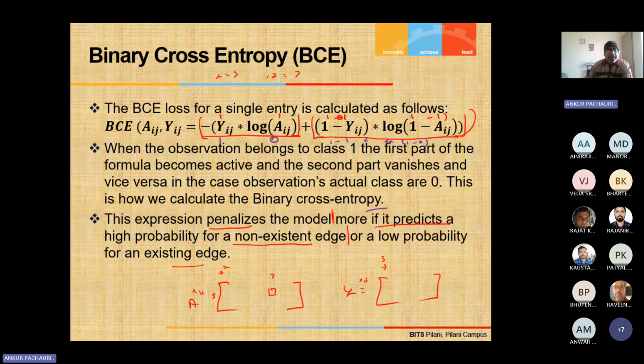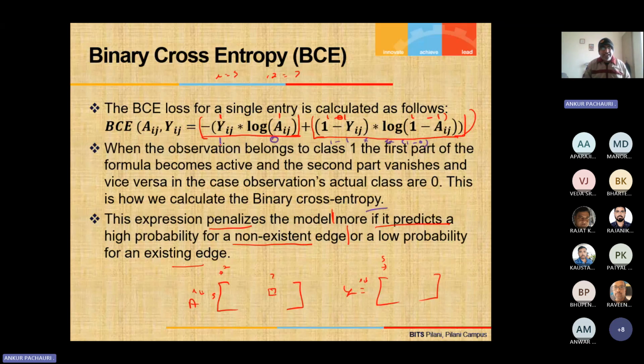If Yij is equal to 1, then 1 minus Yij will be equal to 0. So either Yij or 1 minus Yij, one of them will be 0 at a time, and the other one will be 1.